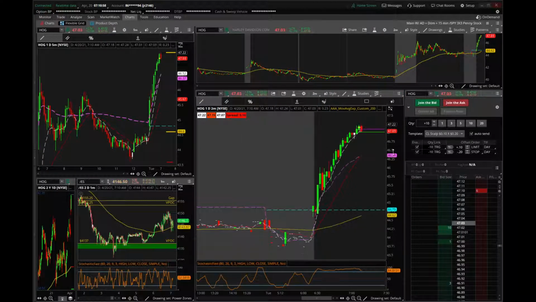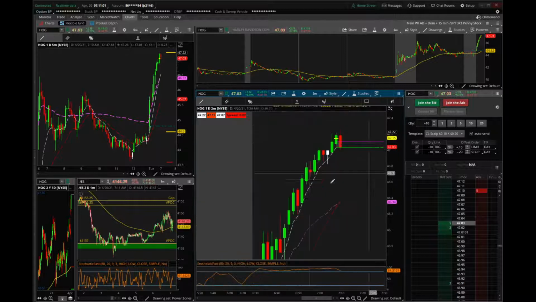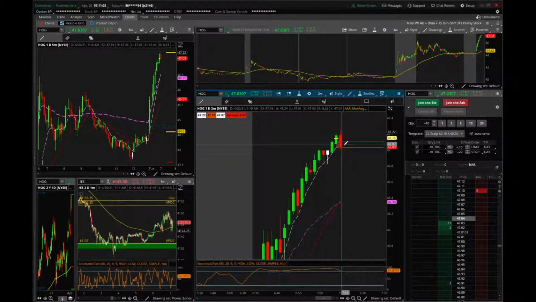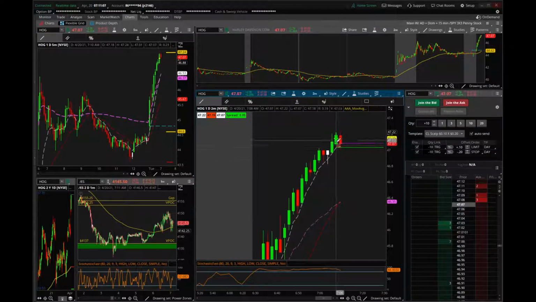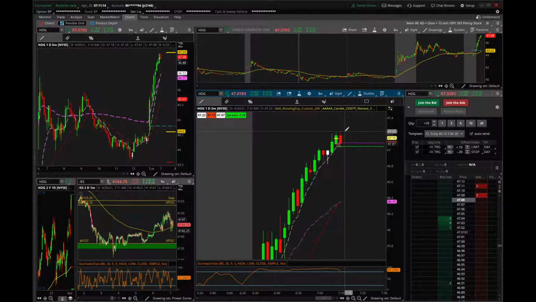Hog's about to probably break this entire uptrend to the downside, which we just did. So be careful on Hog. Just play pure price action, right? We broke to the downside, a bearish engulfment engulfs this prior candle.